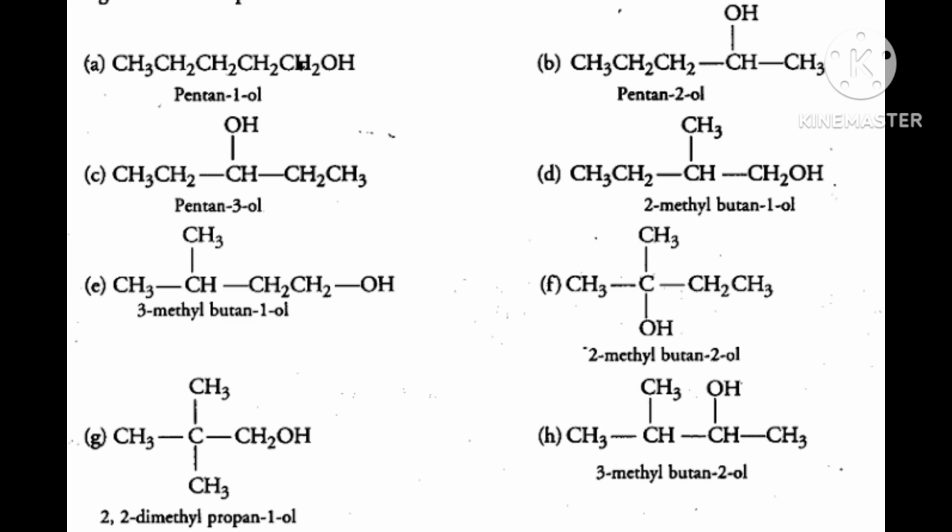Then the name will be: 5 you write first, because only one group is attached at carbon 5. After that you write a dash, and after that in bracket you write 2,2-dimethyl propyl, because with propane 2 methyl groups are attached at the central atom out of 3. That's why you are writing in bracket.